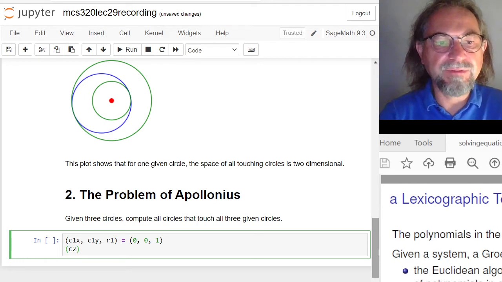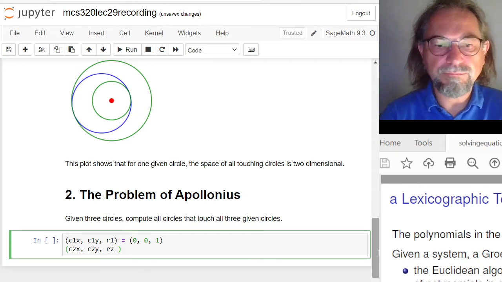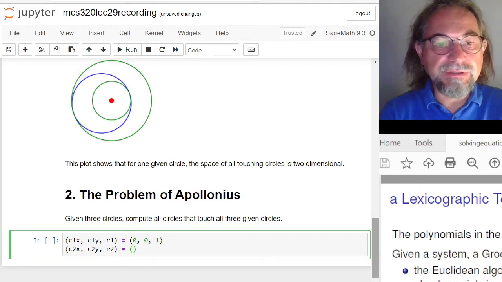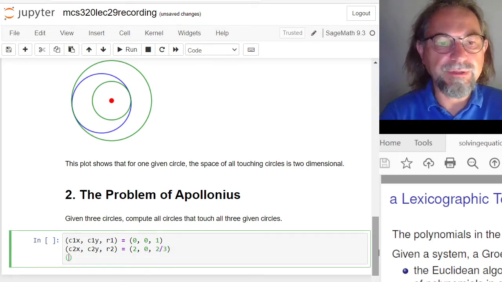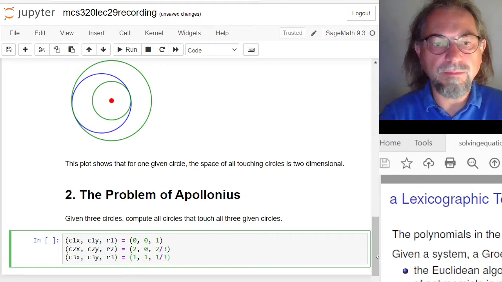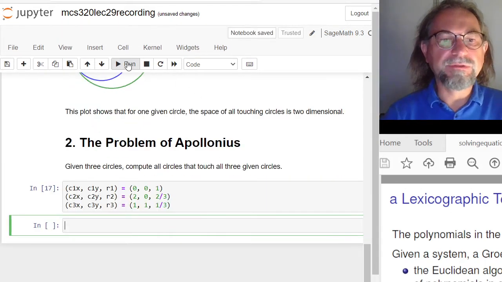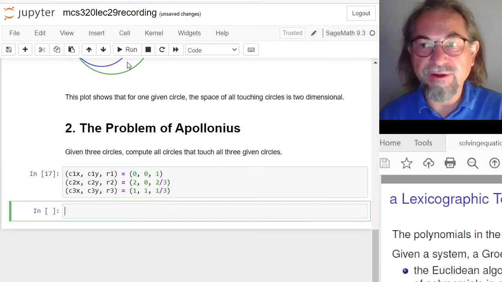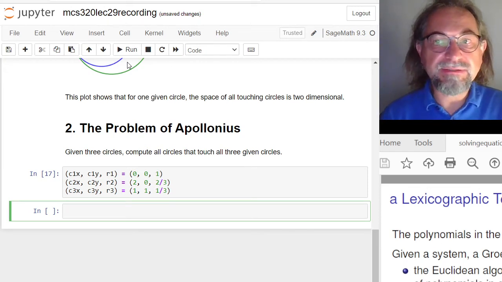Then I have the second circle, which is centered at 2, 0 with radius 2/3, and the third circle is the smallest one, and that is centered at 1, 1. So these are the 9 numbers which define the input. So let's now plot it.